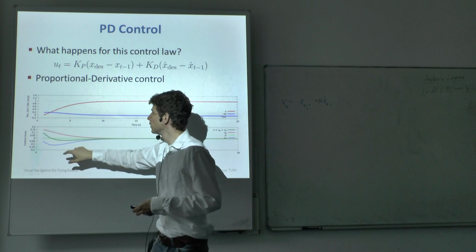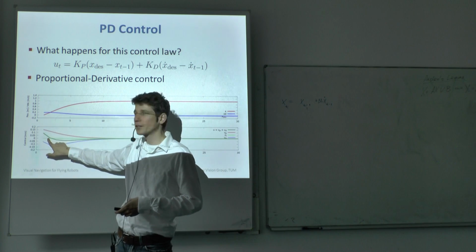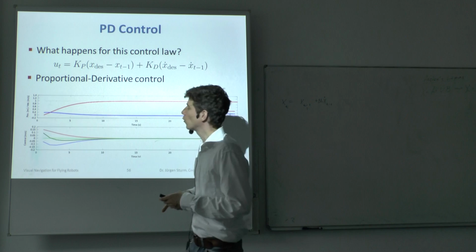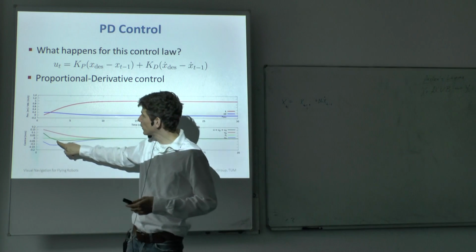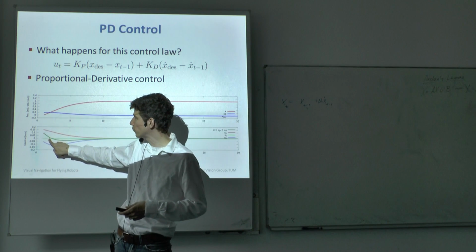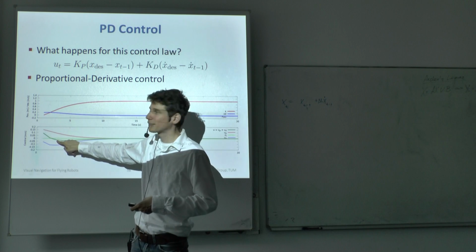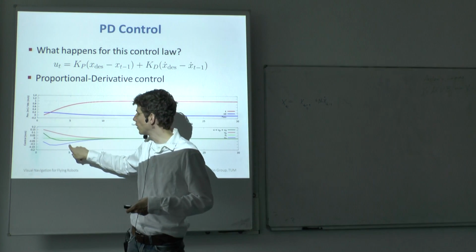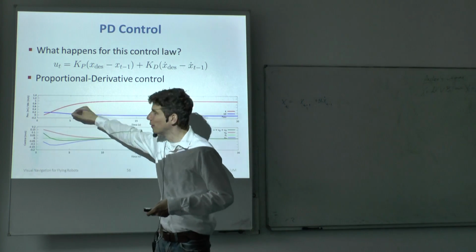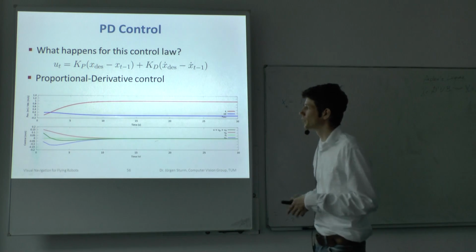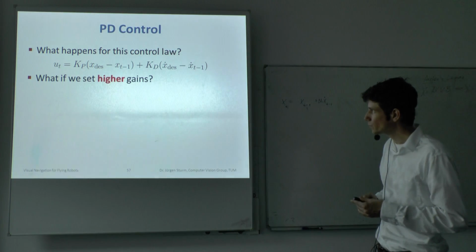And both of them together lead to this dark green control, and you see that this dark green control is positive during the first few seconds and then quickly gets negative, because then the differential part here dominates, which will make our system slow down.